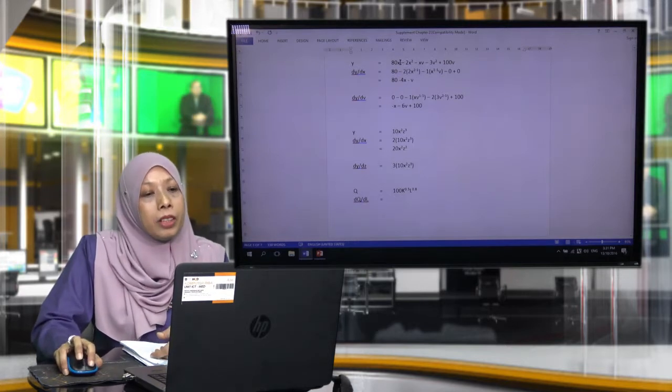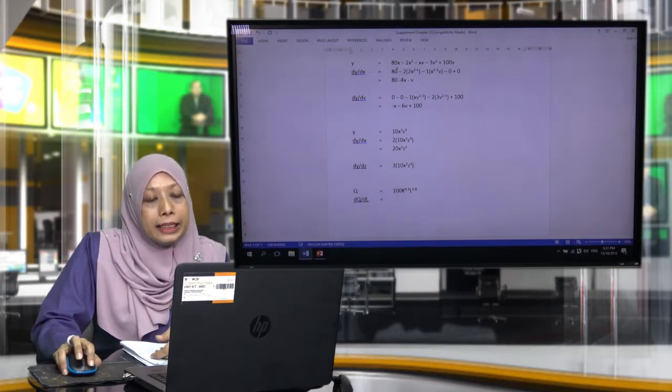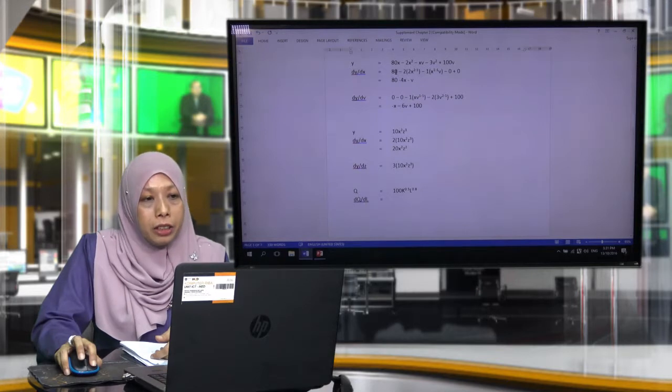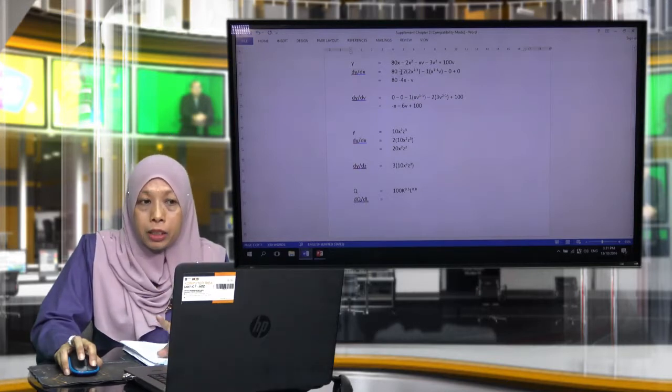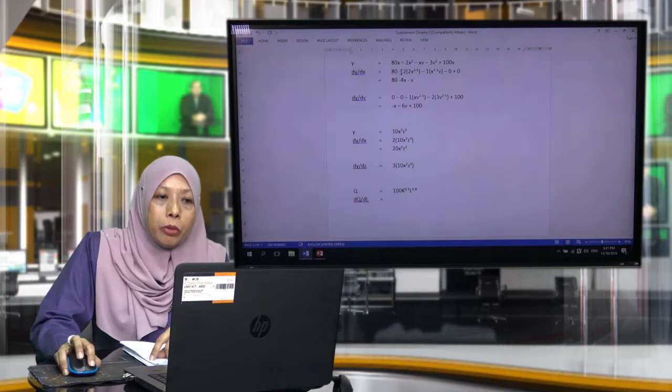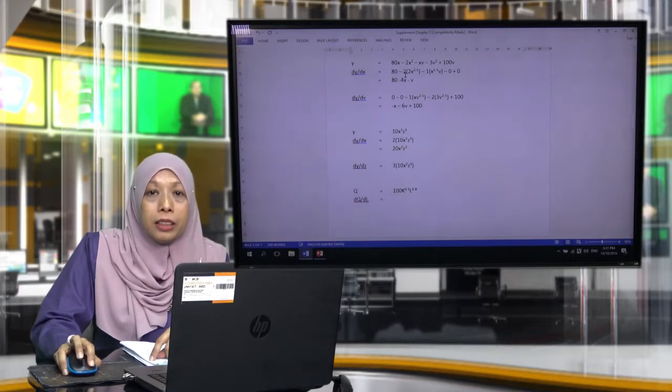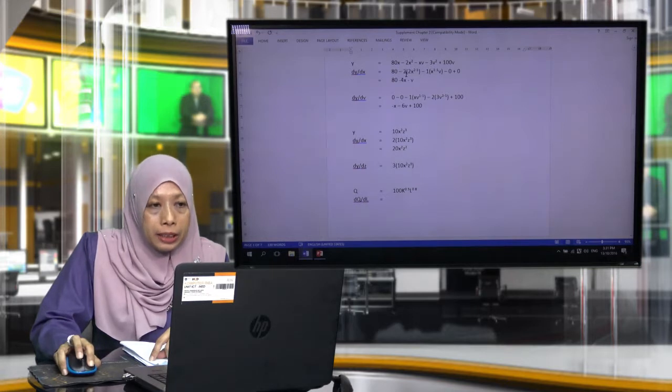Alright, now let's start with differentiating the function with respect to x. Remember, v is a constant. Let's start with 80x. This is a line function. You want to differentiate it with respect to x, so you're going to end up getting 80 minus, you write it down as minus.